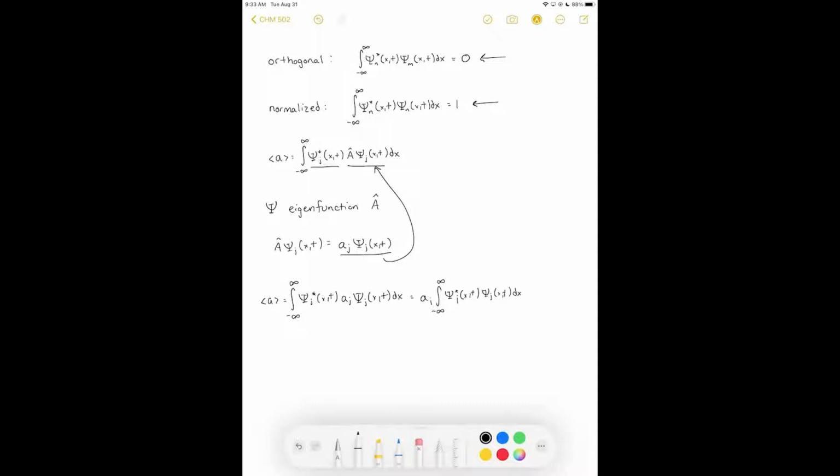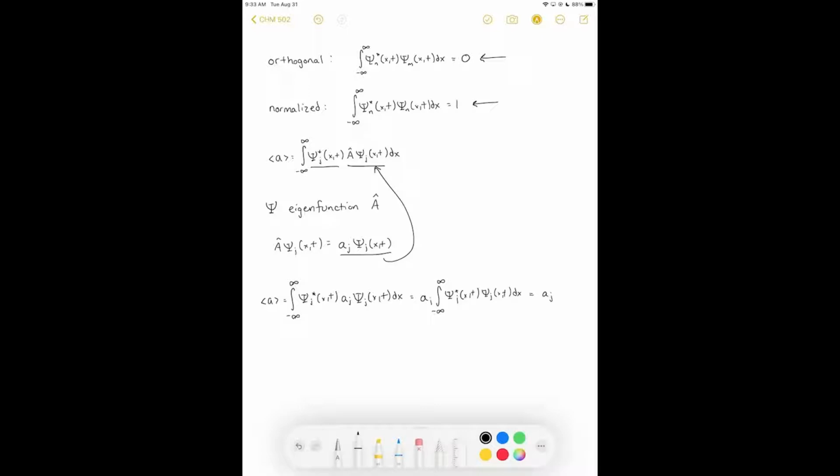And now we can realize this integral is our normalization condition. We have one function, the complex conjugate of that multiplied by itself, and we're integrating that over all space. Since our wave function has to be normalized, this equals 1, and our expectation value, our average value of A, is a sub j.